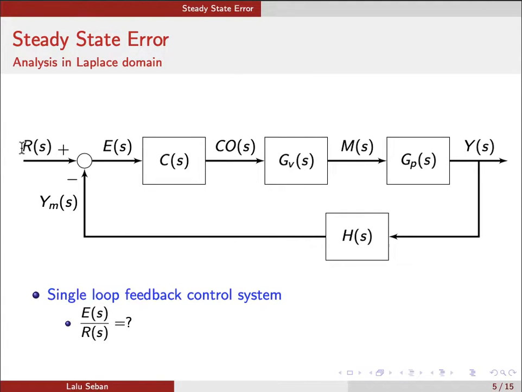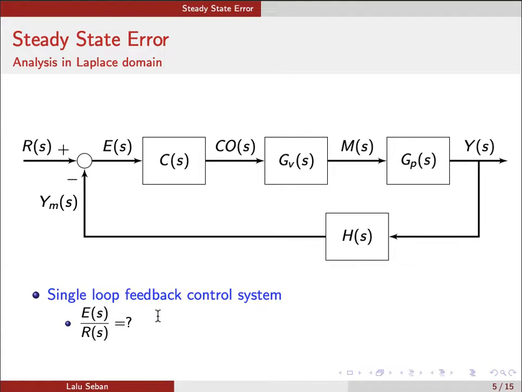And these are the Laplace transforms of the signals: reference, error, control output, manipulated variable, output variable, and the measured output.